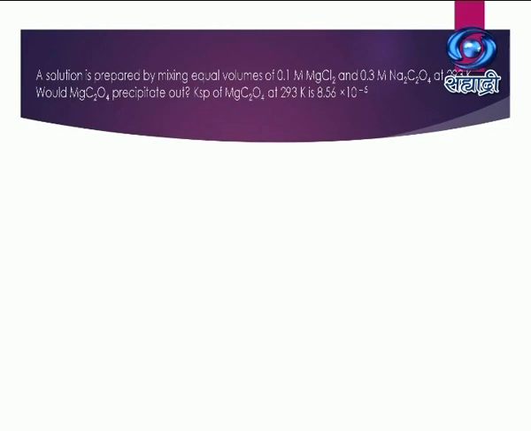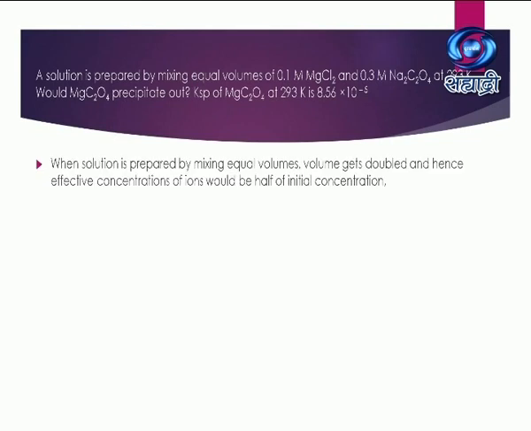So a reaction between magnesium chloride and sodium oxalate is considered. This gives us a precipitate of magnesium oxalate, which is a sparingly soluble salt. The concentration of magnesium chloride is 0.1 mole and that of sodium oxalate is 0.3 mole per liter. The equal volumes of both the solutions are mixed and the constant Ksp of magnesium oxalate is also given.